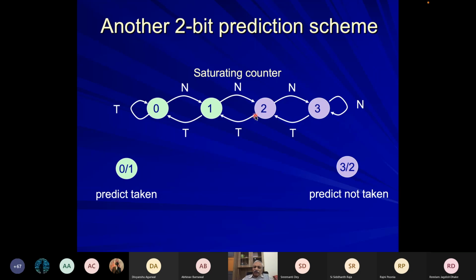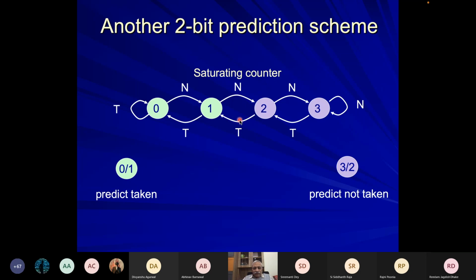So in a way, this will tell you the difference between the number of taken branches and not taken branches. If in the past you have seen taken branches more often, then you predict that branch will be taken. If in the past you have more often seen that branches are not taken, you will predict branch not to be taken.